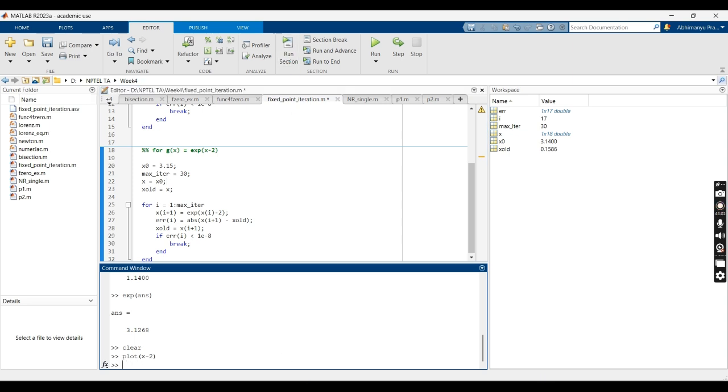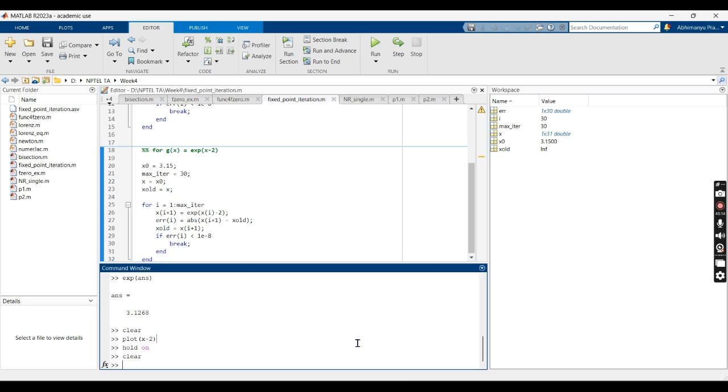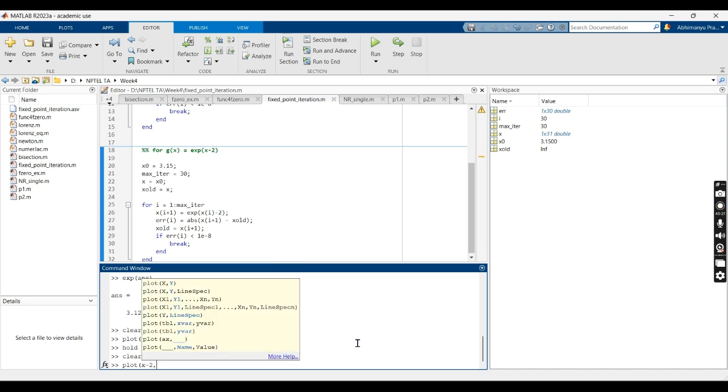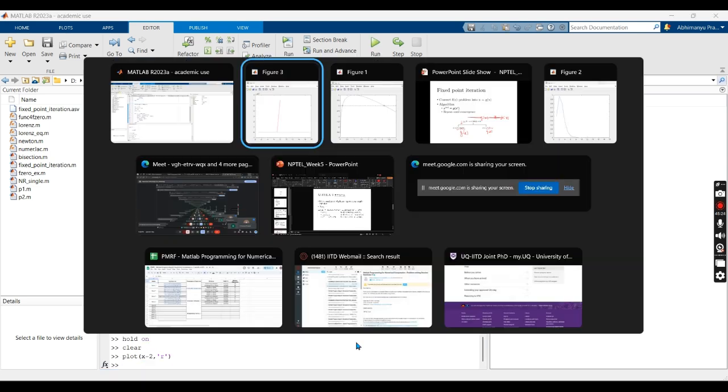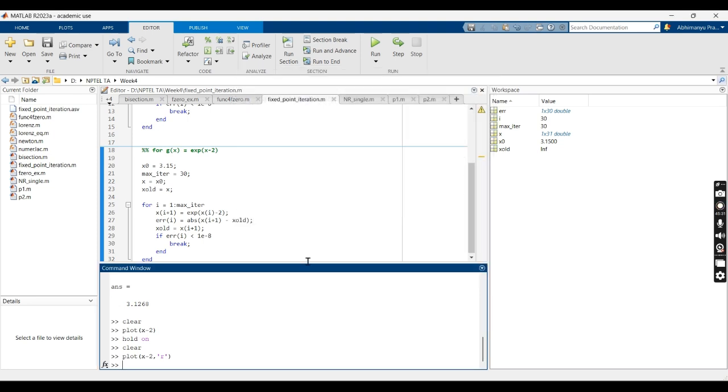so let me clear the workspace. Let me first go hold on, and now let me clear the workspace. I will run this again, and if I plot on the same graph, start as a red line. Okay.